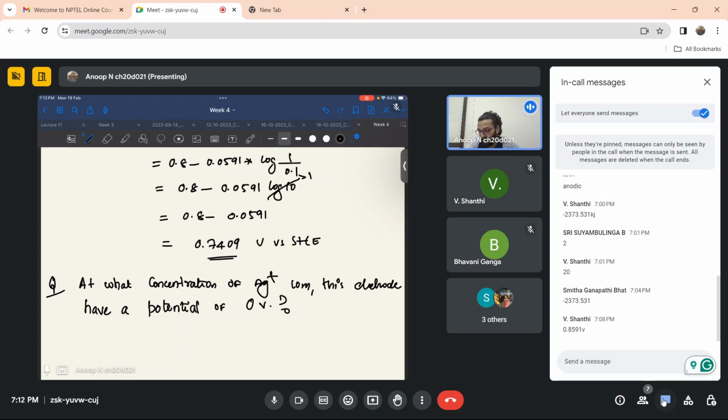So it's just same problem. At what concentration of Ag plus ions this electrode have a potential of 0 volt. Here we have to calculate concentration of Ag plus.